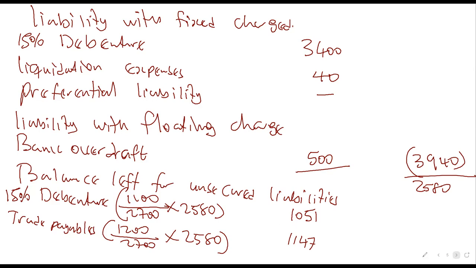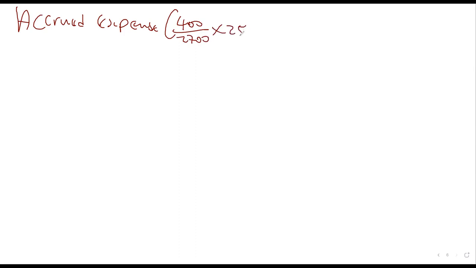So the next one is accrued expenses, which is 400. So you open a bracket, 400 divided by 2,700 times 2,580.